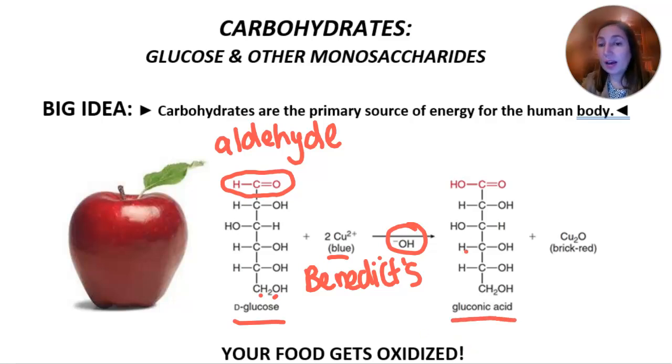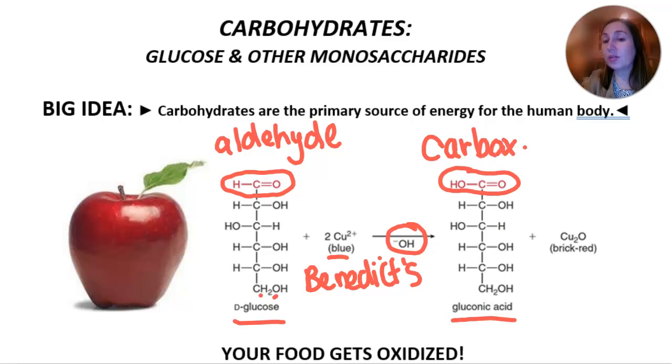That is still our 6 carbons all in a row going down, and the whole chain is the same. So no change in any of the OHs, but we do notice that our first carbon has a C double bond O, and now instead of having the H for an aldehyde, we have an OH. So we have a C double bonded to an O with an OH on it, or our carboxylic acid functional group.